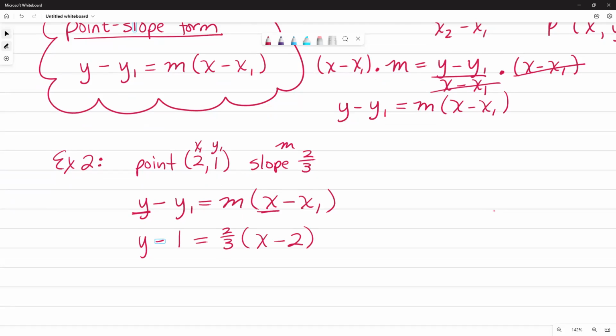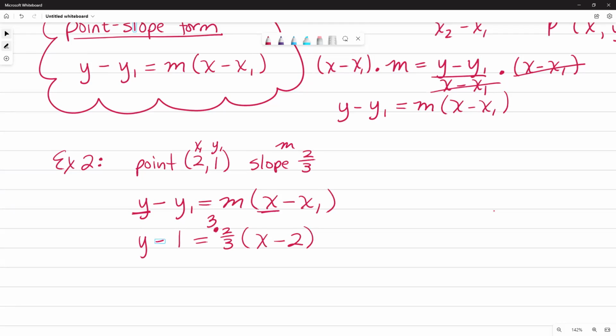So this we can now solve. What I'm going to do to solve it is get rid of that 2/3. So what do I have to multiply everything by to get rid of my fraction? 3. If I multiply this times 3, the 2/3 is already being multiplied times the x minus 2. So by multiplying 3 times 2/3, I'm already multiplying it times x.